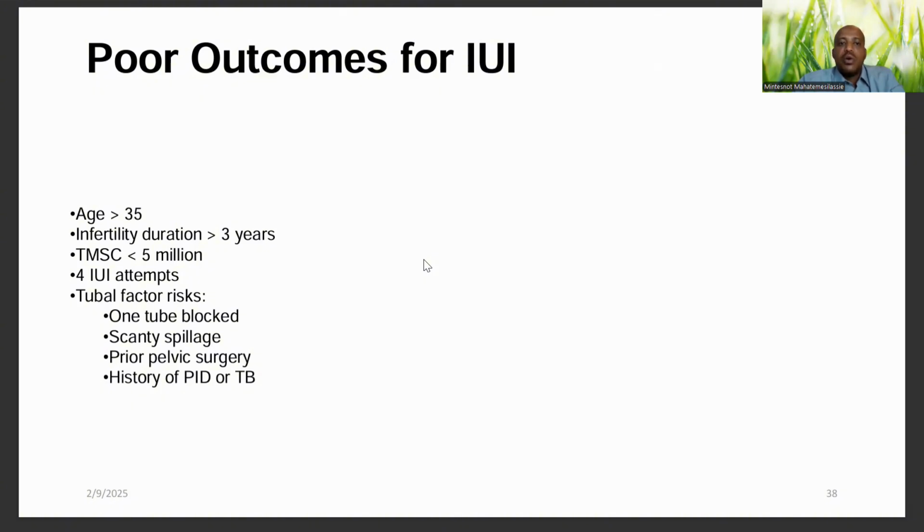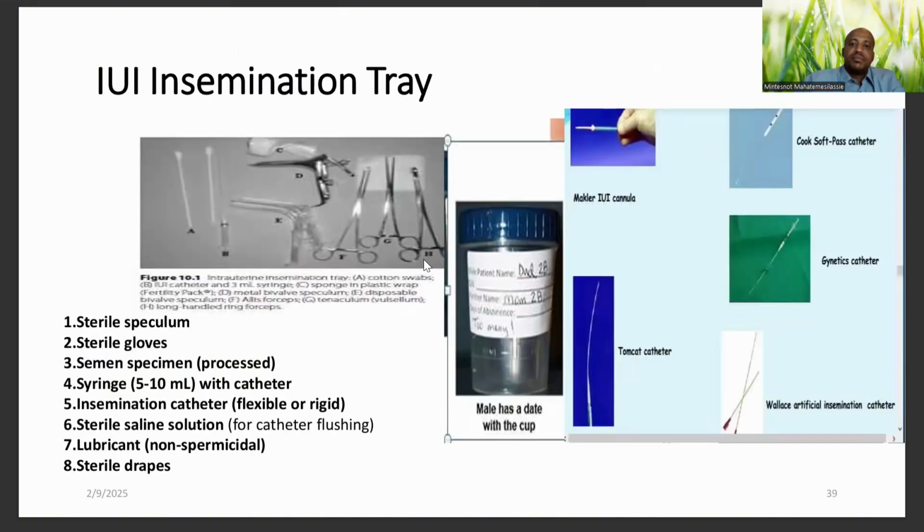The outcome of IUI is significantly affected. We can do IUI, but we should not spend time on these patients because she's going to lose her ovarian reserve from time to time. And by doing an ineffective procedure, the patient may not like the next treatment modality.